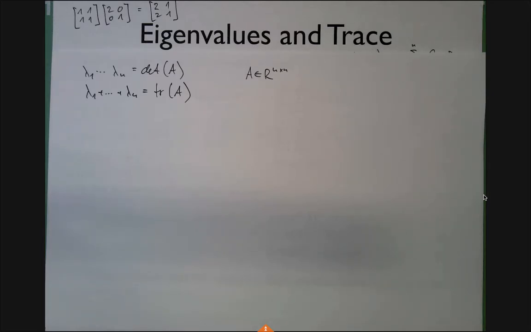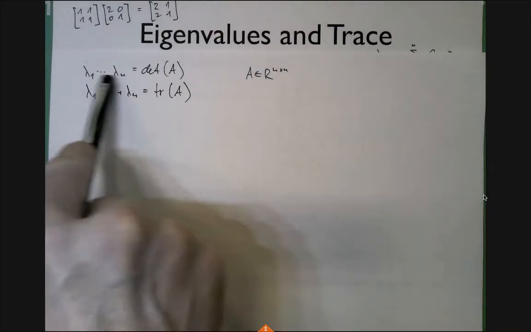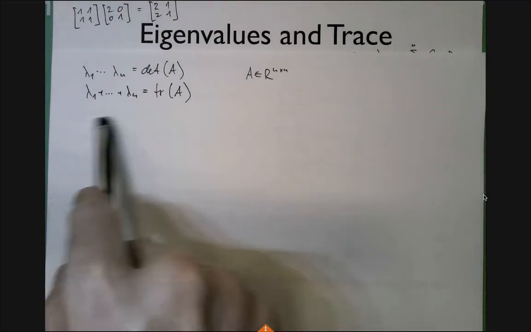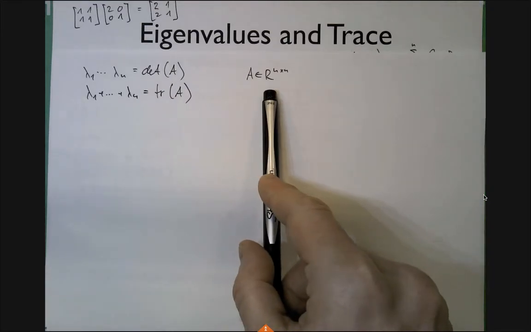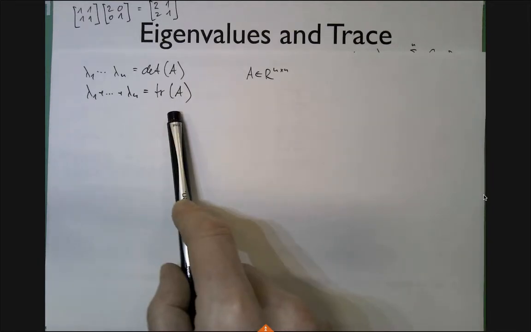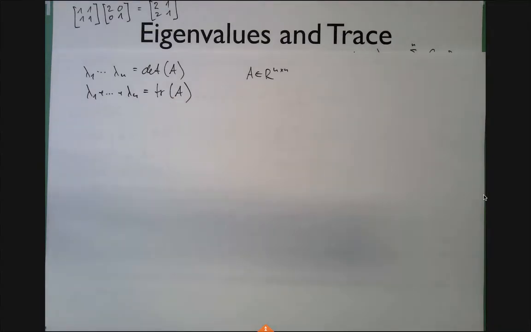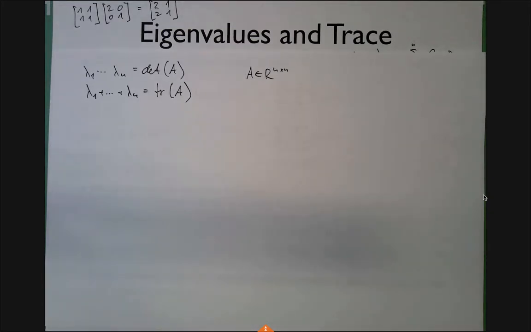Well, that seems weird, right? Is there some contradiction? Because here I might have some complex numbers. My eigenvalues can be complex, okay? But my matrix is real, right? So for a real matrix, the determinant must be real. And of course, the trace must be real. I'm just summing real numbers. There's no way complex numbers could appear there. They can appear in the eigenvalues, right? Because in the eigenvalues, sometimes I must take the square root of -1.